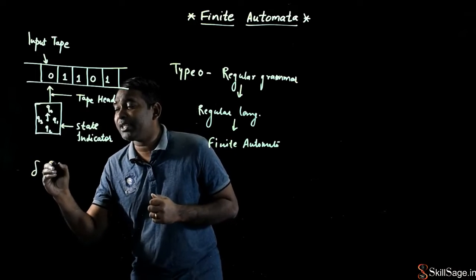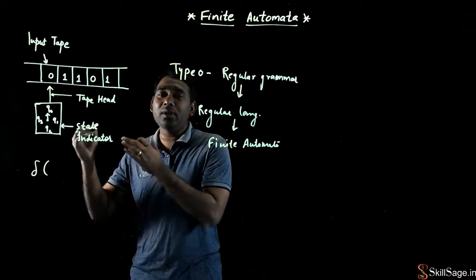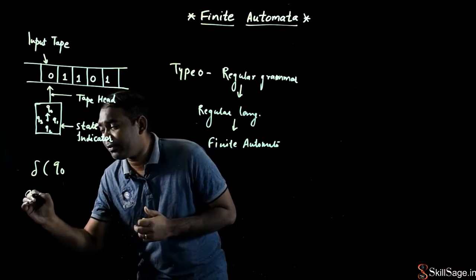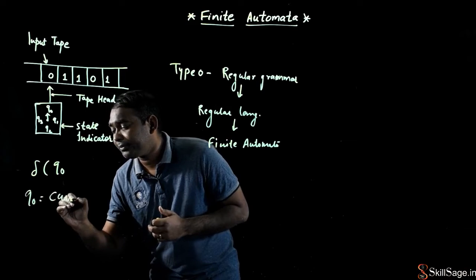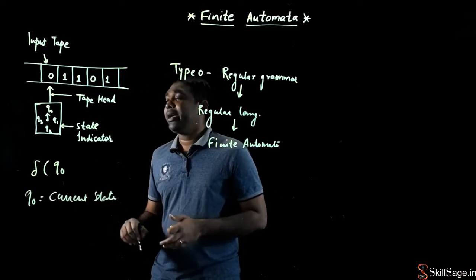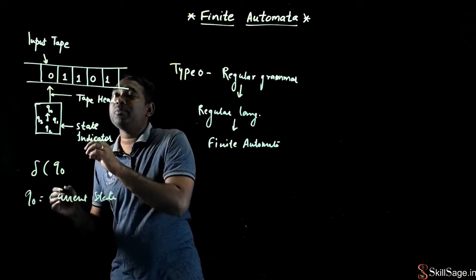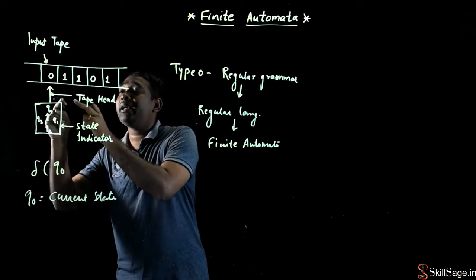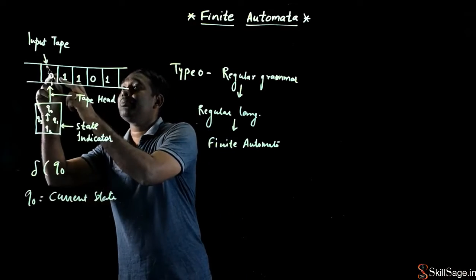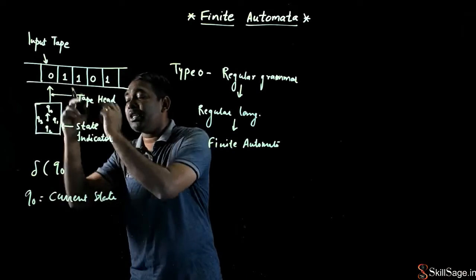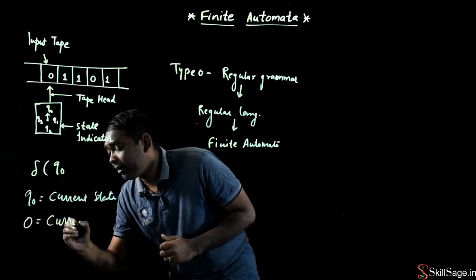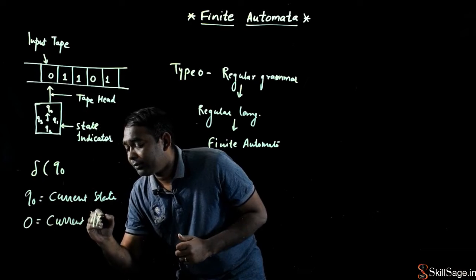If I am going to write down the state transition function, Q0 is my current state, and what is my current input symbol? The current input symbol is the symbol where my tape head is pointing at that point. My tape head is pointing to 0, so this 0 is my current input symbol.